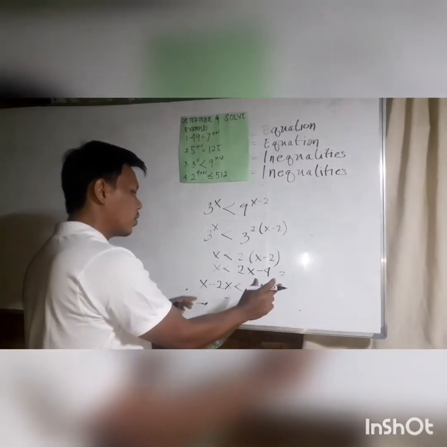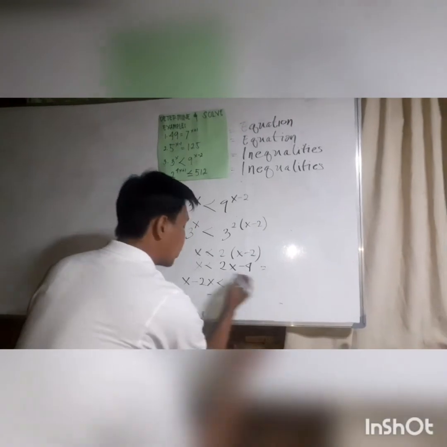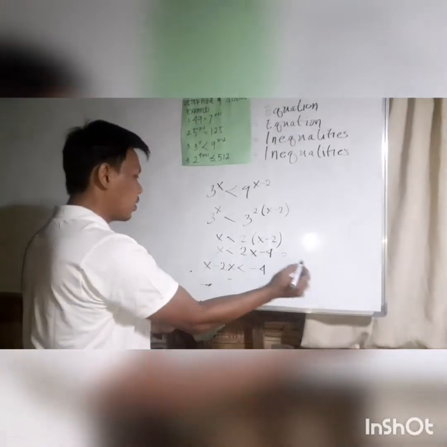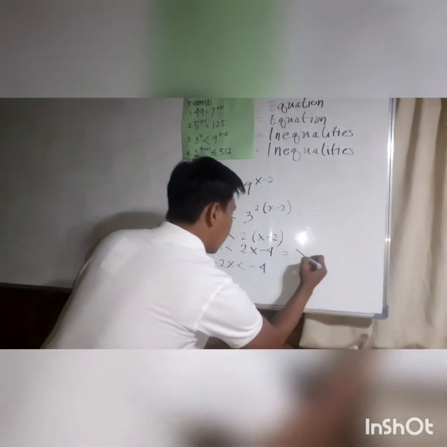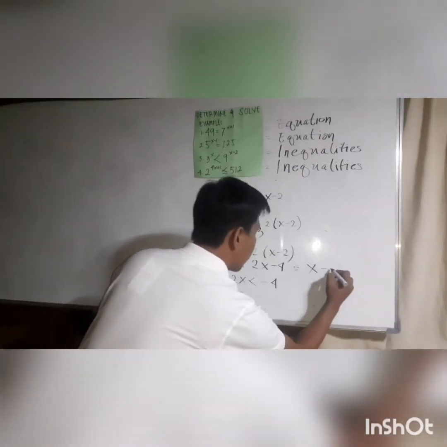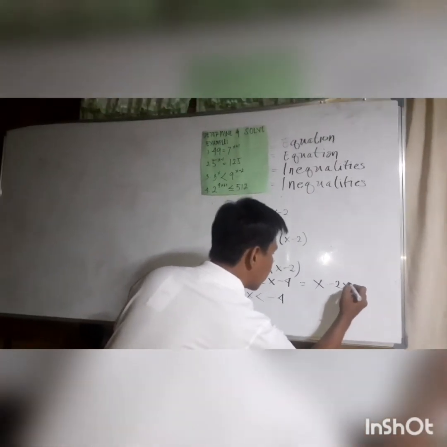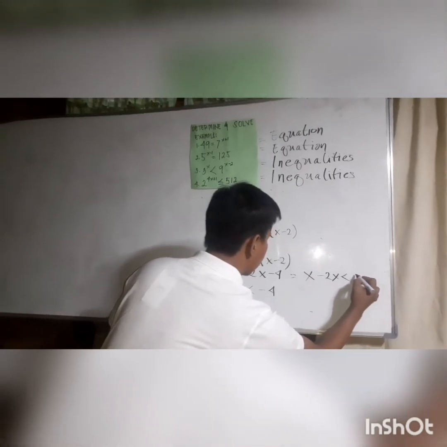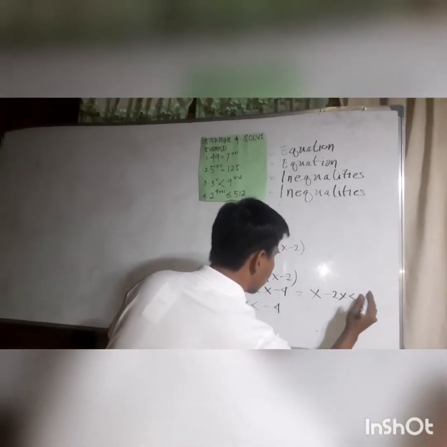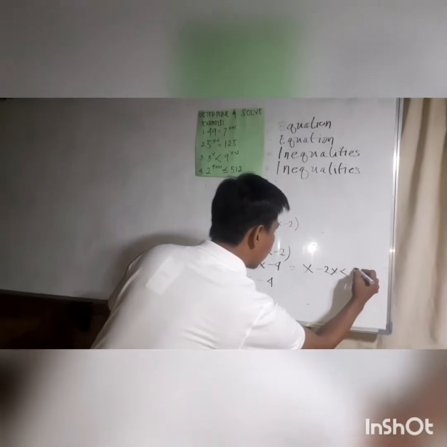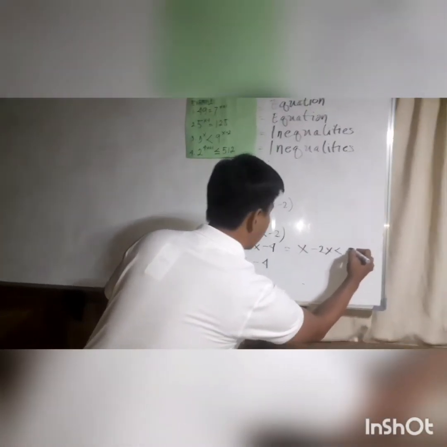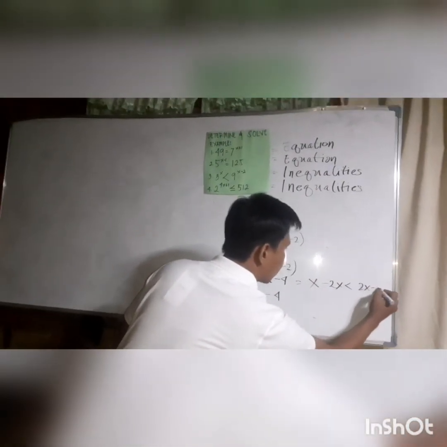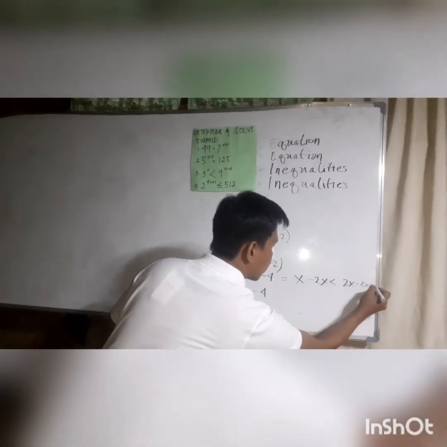We add the same value to both sides. Write x minus 2x as less than 2x minus 2x minus 4.